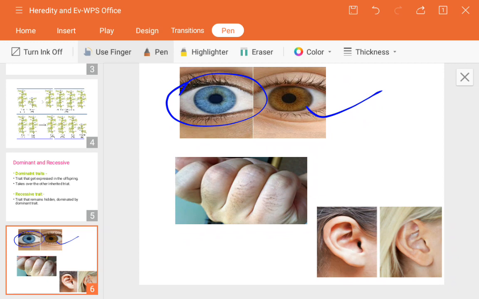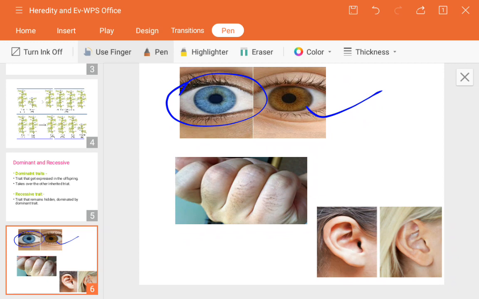So this is one more example of recessive and dominant. Dominant here is having hair on the top of the finger, and the recessive character is people not having hair on their finger.